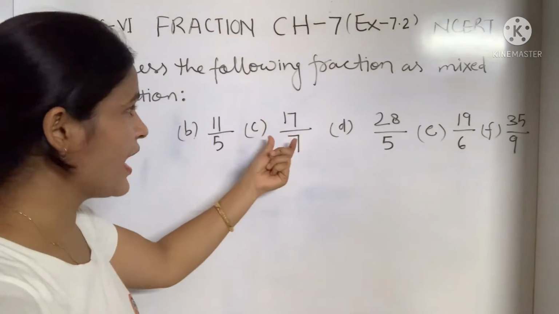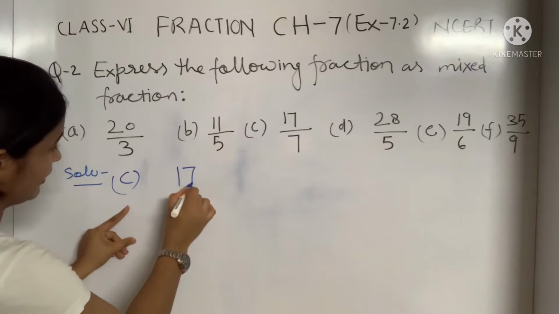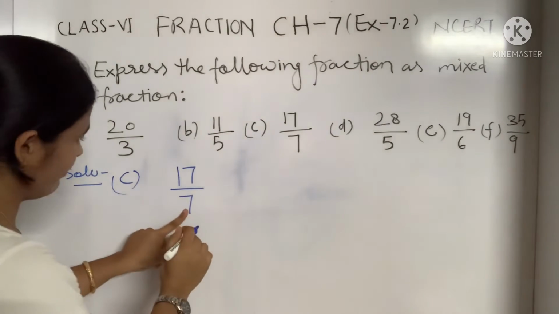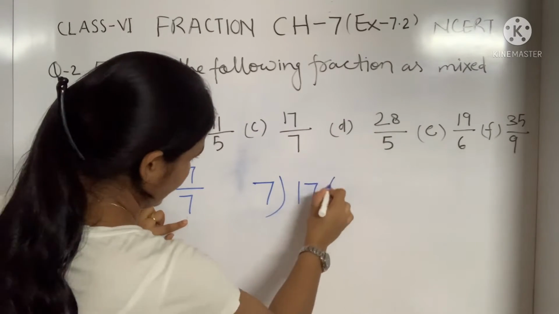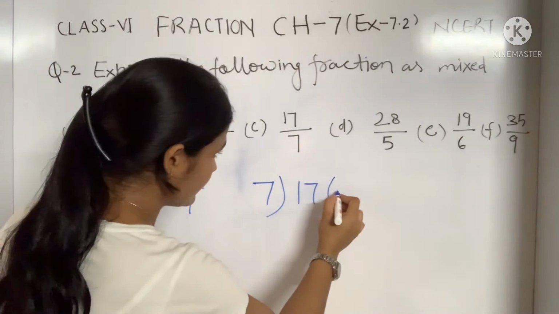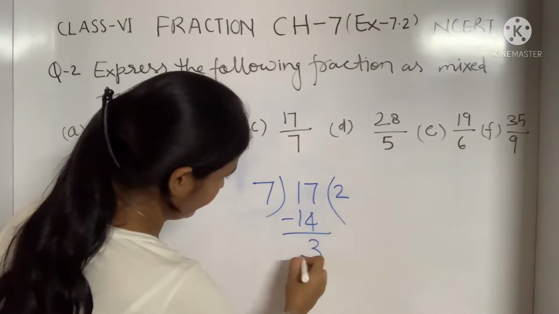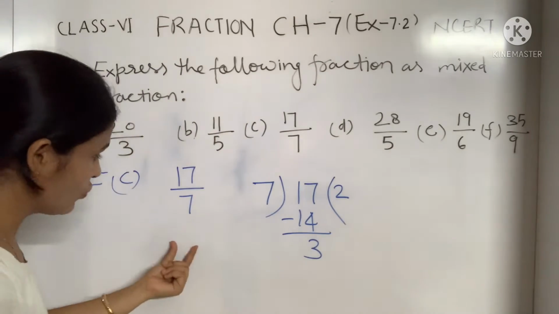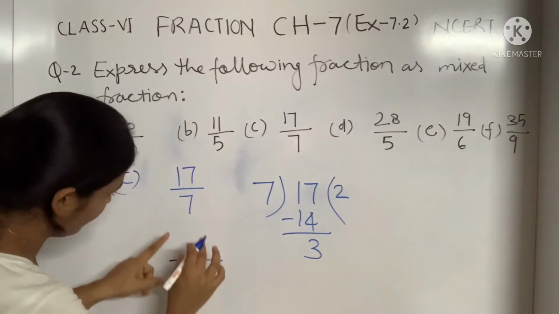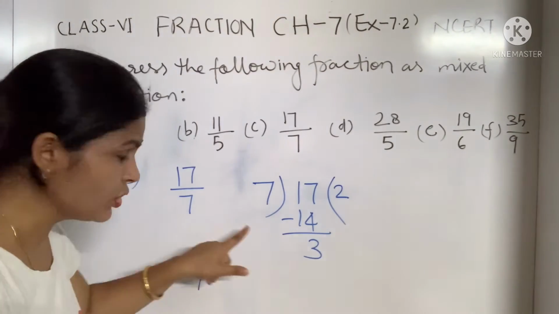In part C, we have 17 upon 7. We have to divide 17 by 7. 7 2s are 14. After subtracting we get 3. As I told you earlier, the denominator always stays down, so 7 comes here, and the remainder always goes up.